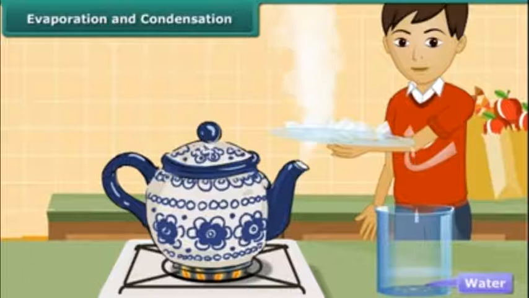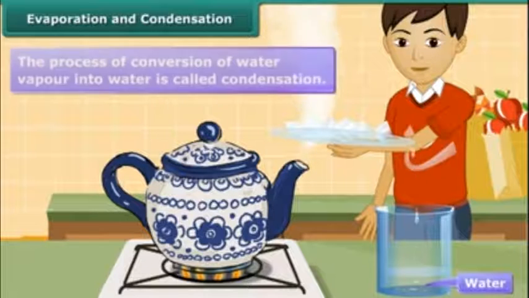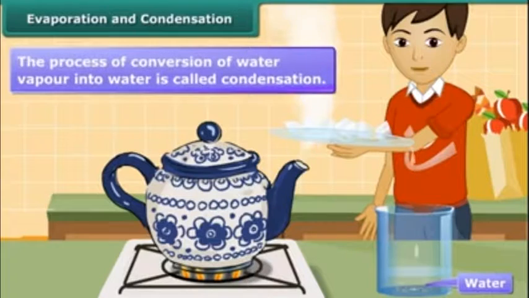Now you can observe that the steam coming out of the kettle changes into water drops. This process is called condensation. Here, steam from the kettle, when coming in contact with a cold surface, that means metal with ice, changes into liquid water form. This water can be collected into another container.